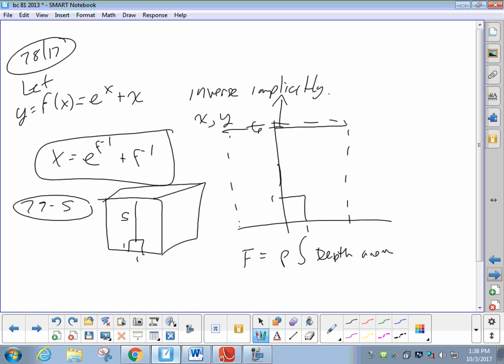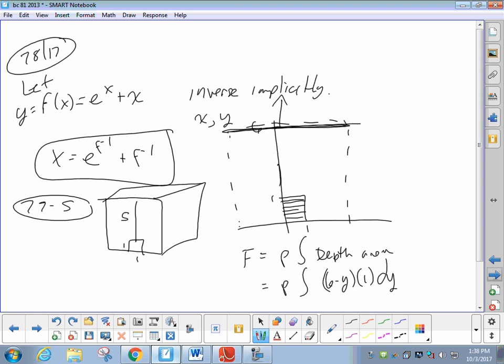Now, this container is filled. So here's the top of the fluid. So what's the depth? 6 minus y. It's from the top of the fluid. Area, that's the area of these slices. The width of all those slices is 1. The height is the y.